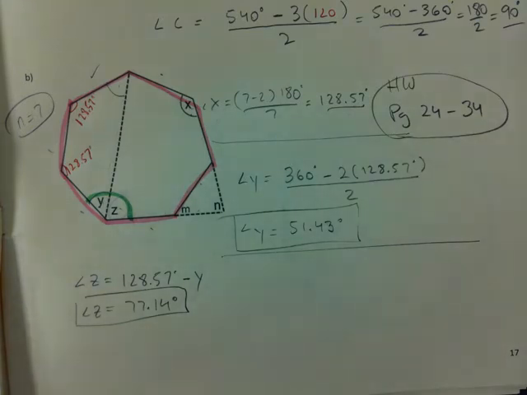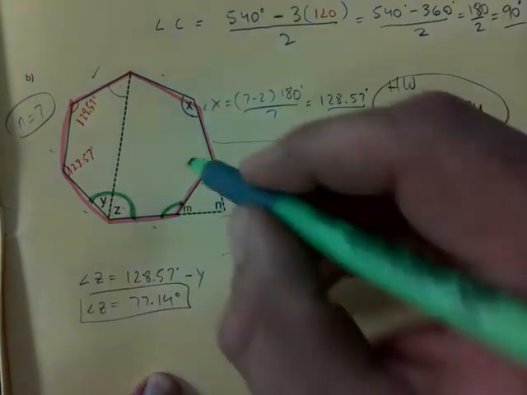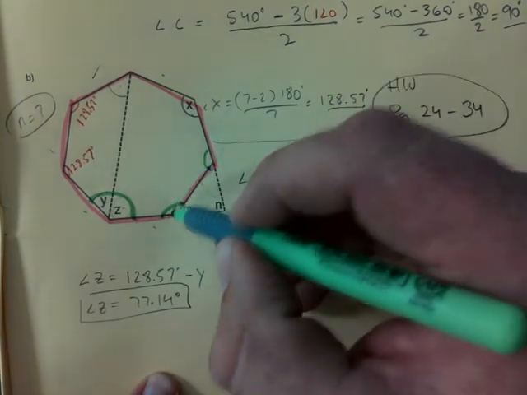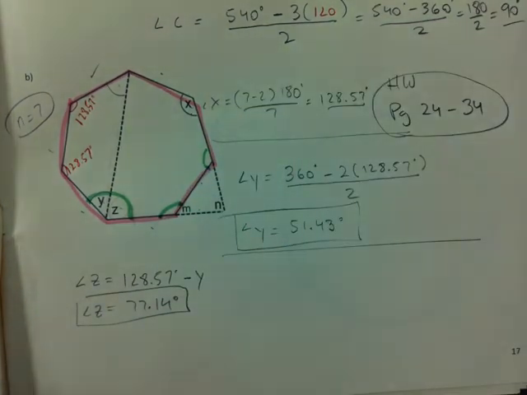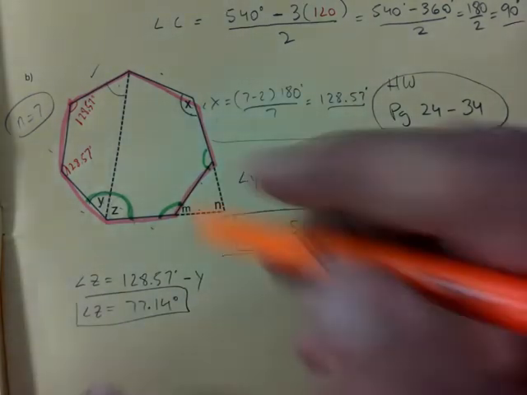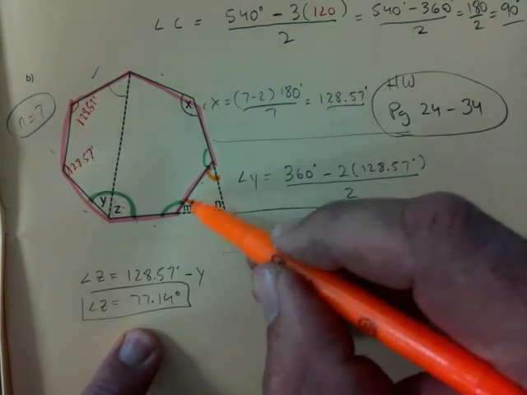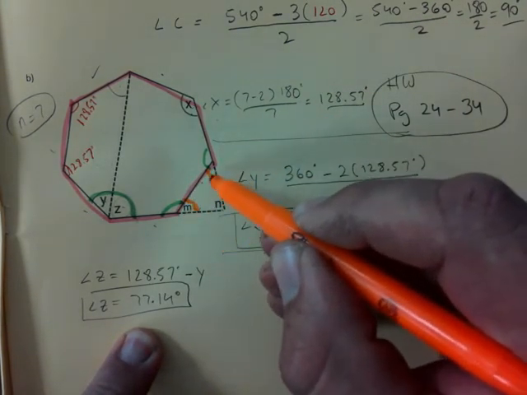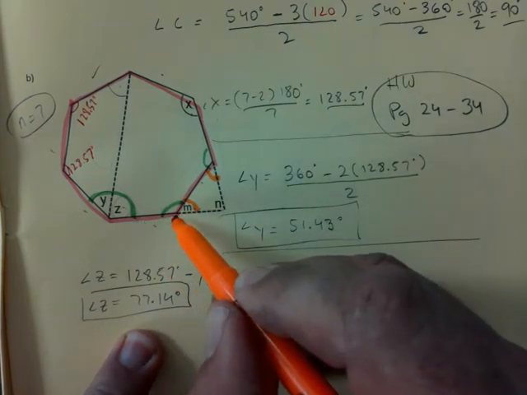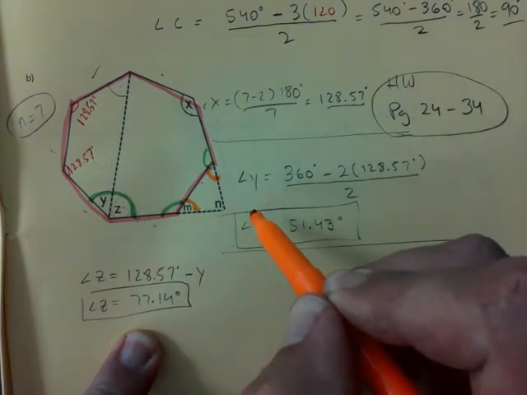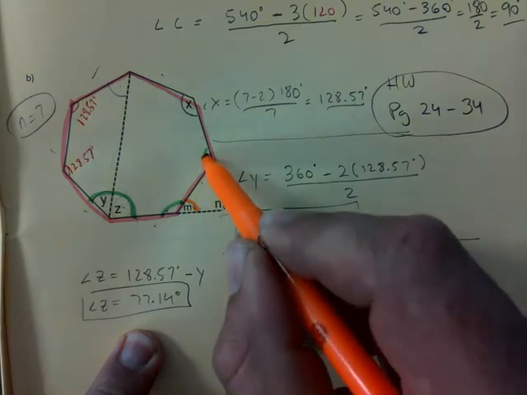We know that this angle here and this angle are the same, correct? So it stands to reason that these two would be the same. Do you know what these angles are called? If you extend the side of a polygon, exterior angle, so these two add up to 180, so do these two.